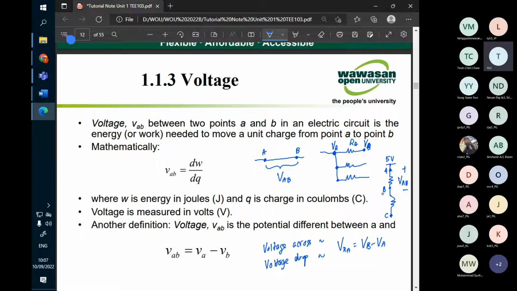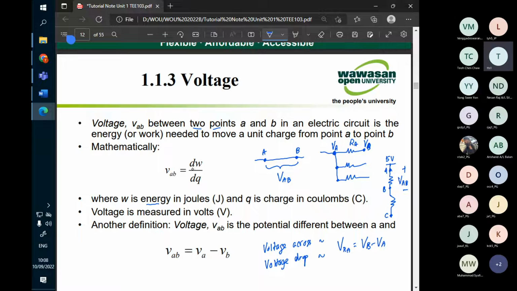So the voltage is always taken from 2 points, A and B. Okay. So the voltage is defined as the change of work over the change of the charge. So the W here is the energy.